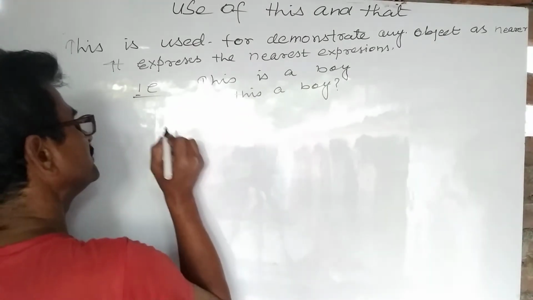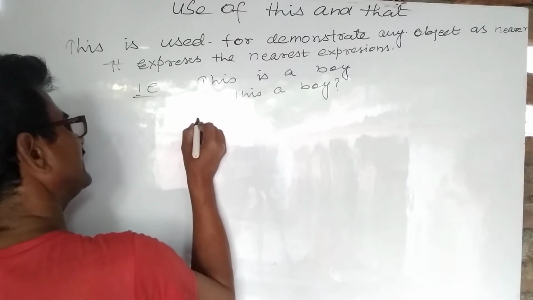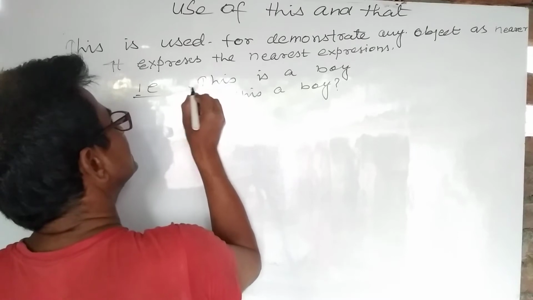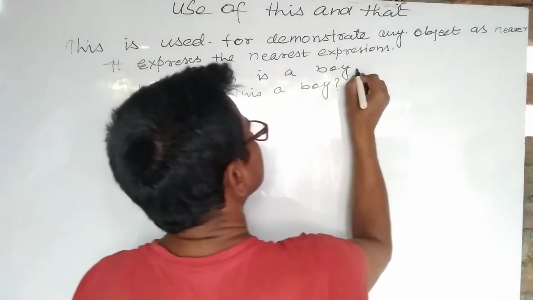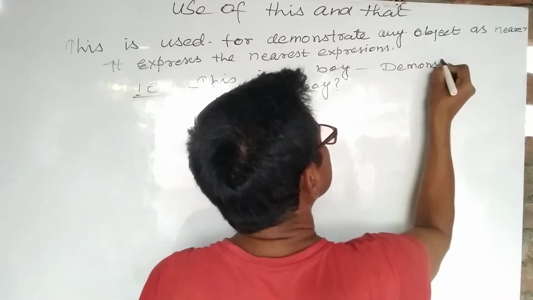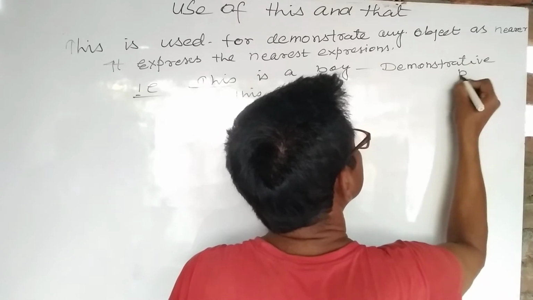But if you use this as a demonstrative adjective, easily you can write here demonstrative pronoun. Now here this is a demonstrative pronoun.